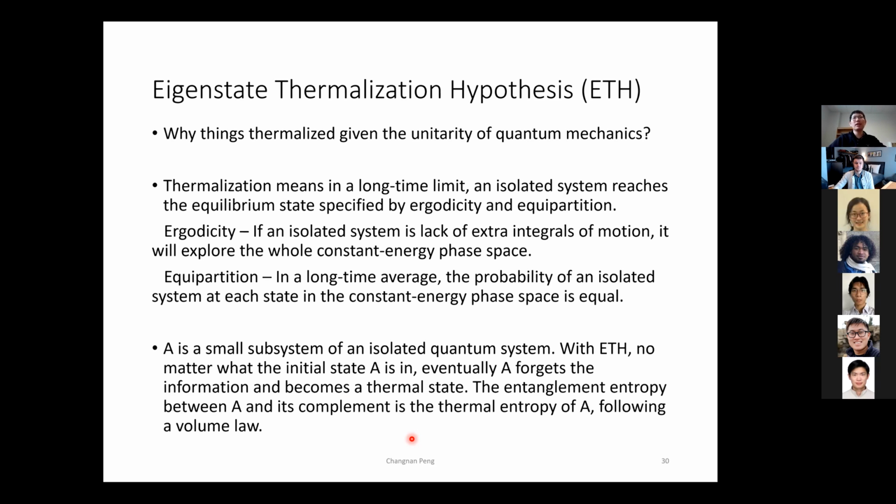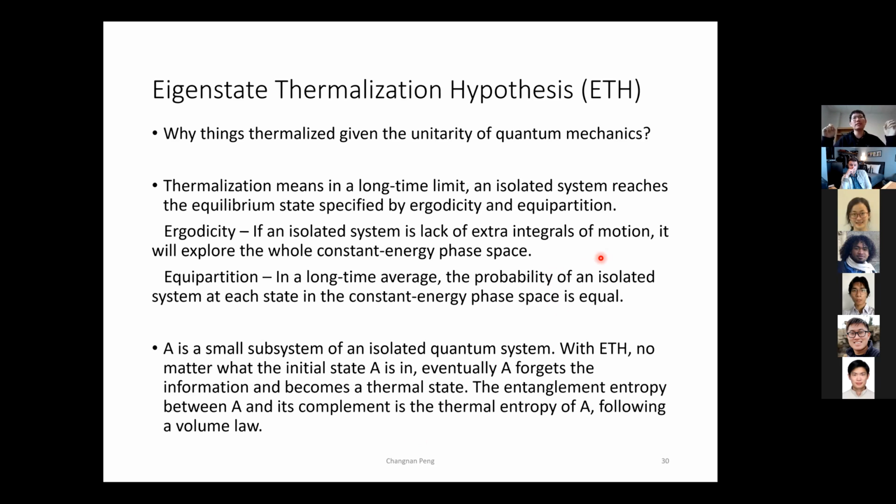What does it mean that we have many-body localization? Why does a quantum system actually thermalize in the first place? Because in quantum mechanics, everything is unitary. If we start with a pure state, then we will end with a pure state. How can we have a thermal mixed state?